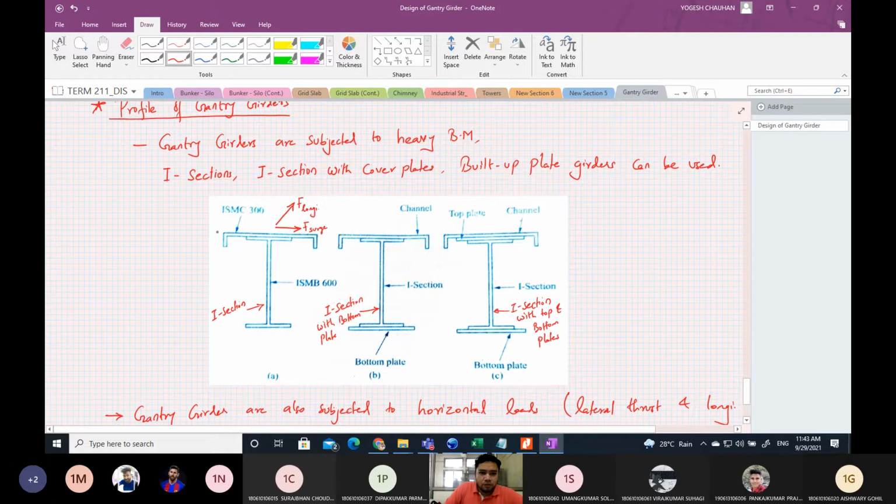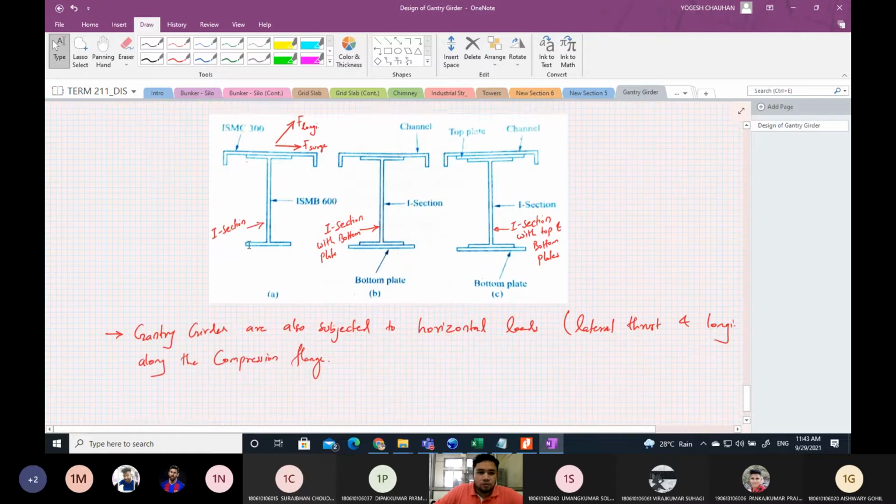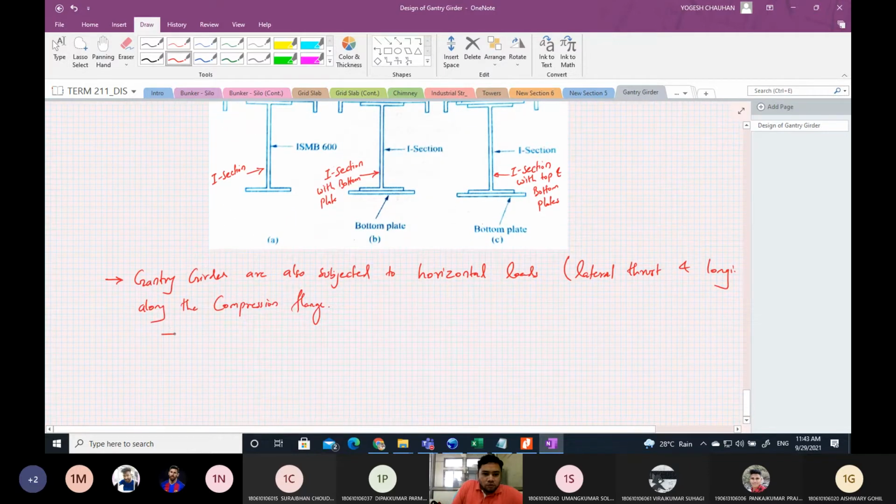So we require stiffening of the compression plane.